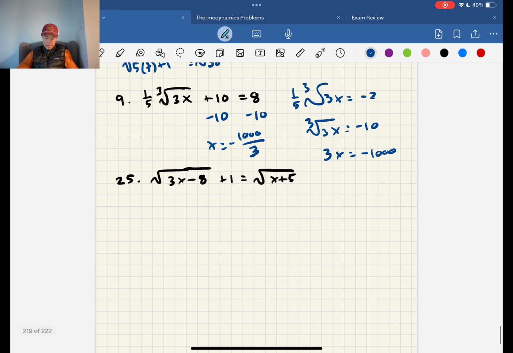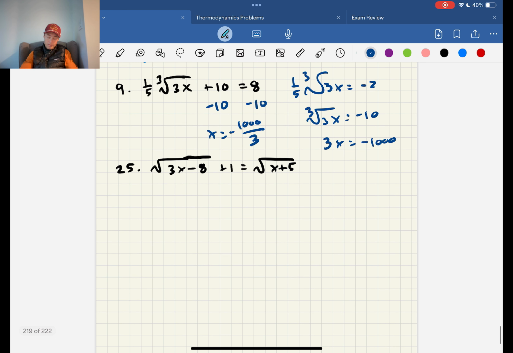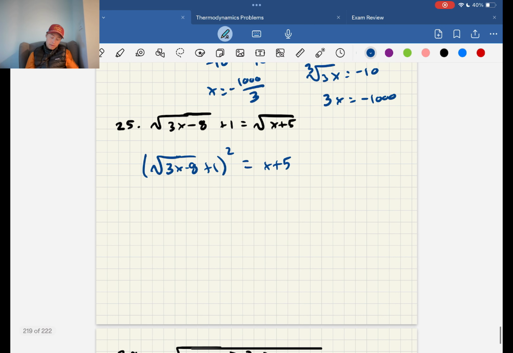And then on this last one, you will start by squaring both sides. So you'll do square root 3x minus 8 plus 1 to the power of 2 equals x plus 5. Squaring the right side just gets rid of the radical. Notice it doesn't on the left because of that plus 1. On the left, we have to FOIL out this binomial, right?